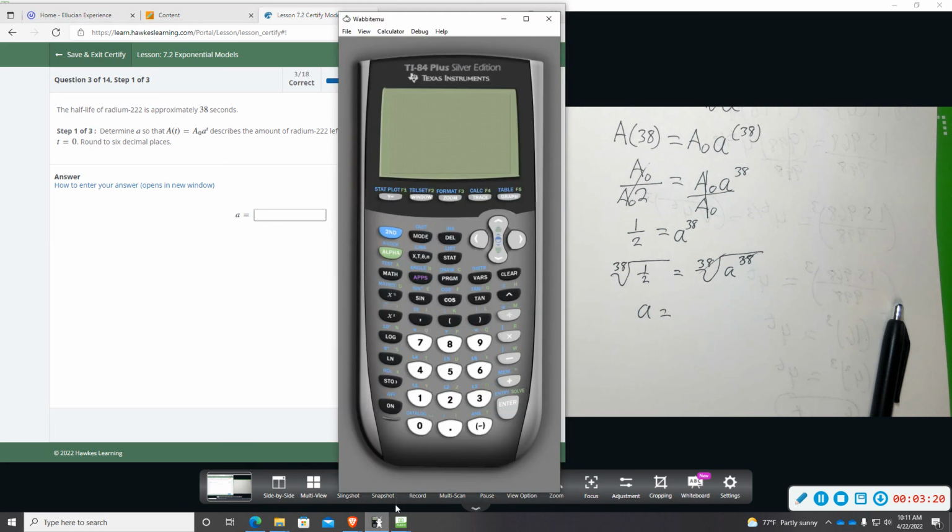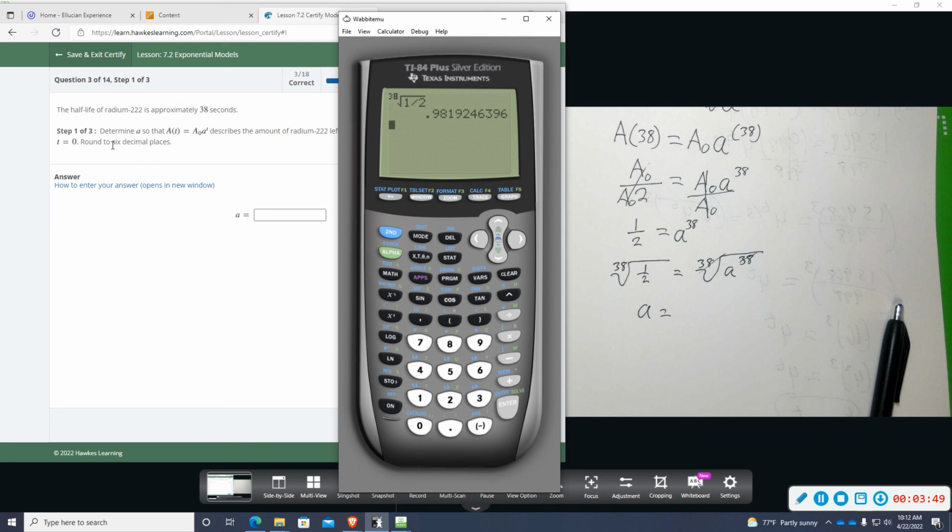So calculator, I'm going to turn this on. Clear out the screen. I'm going to type 38, and then I have to go to math, and then option number 5. So it puts that 38 right there, and then I'm going to do 1 divided by 2, and that gives me 0.981924.